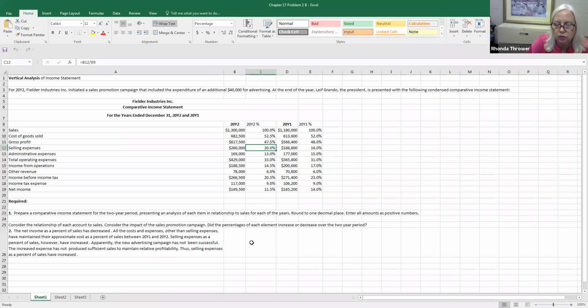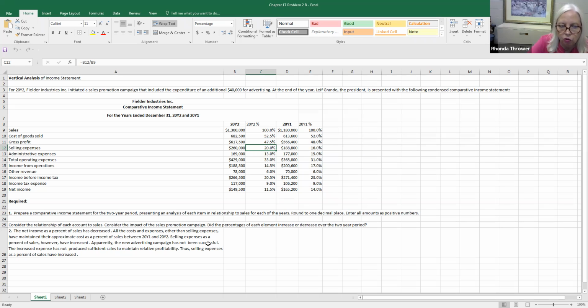But if you took this a step further and looked at horizontal analysis, which is taking the difference between the sales of year 1 and year 2 and dividing it by the base year, you would be able to see that the selling expenses had actually increased, but not compared to the amount that the sales had increased.